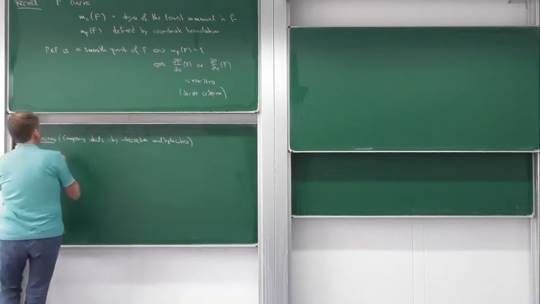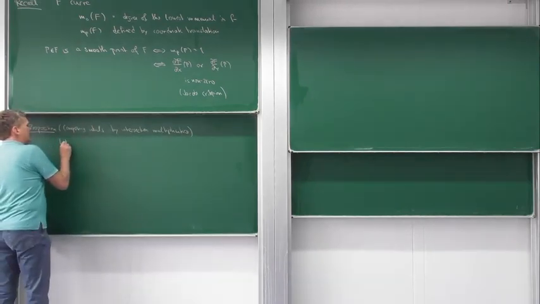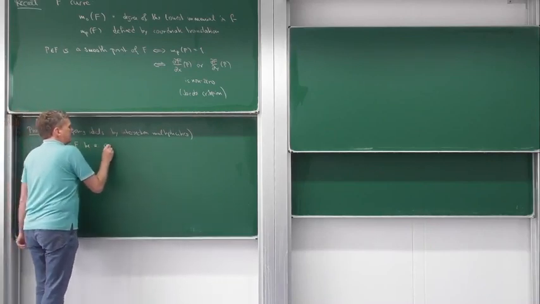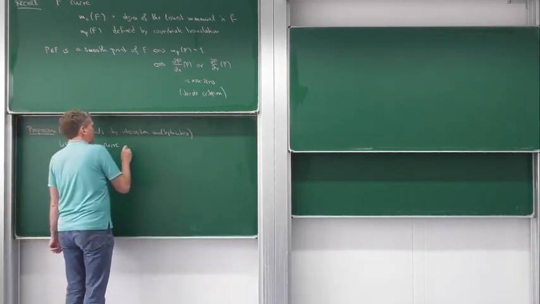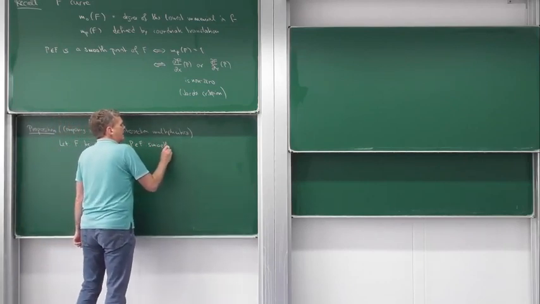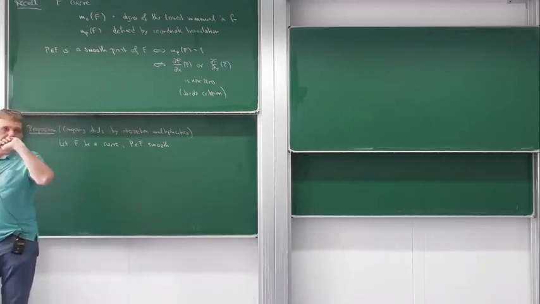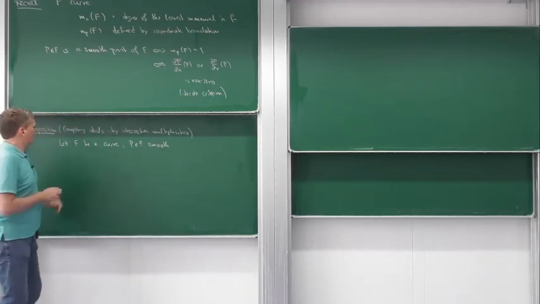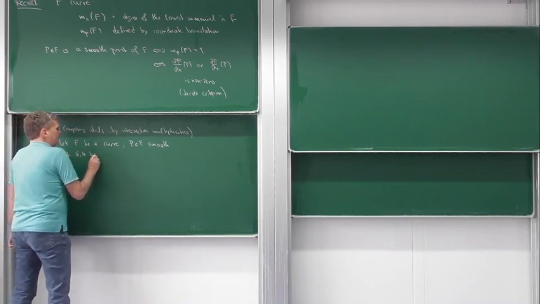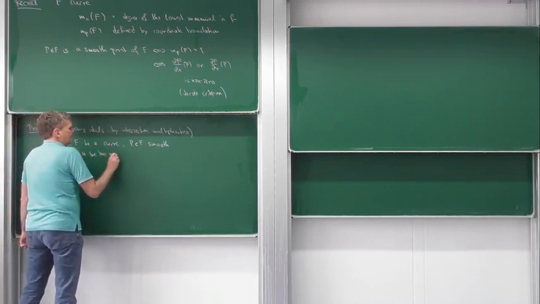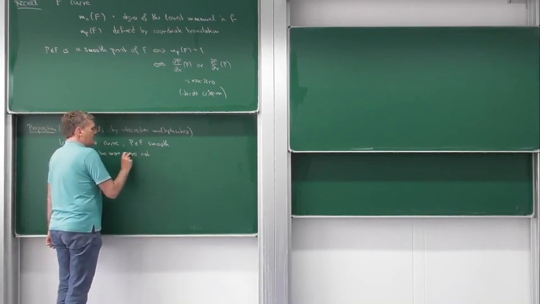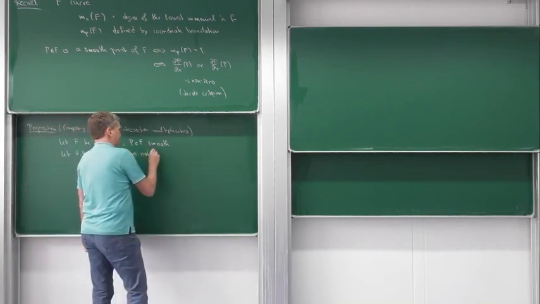So the situation is as follows. Let f be a curve, and p in f a smooth point. And then we have two more curves, g and h, so let g and h be two more curves not having a common component with f at this point.